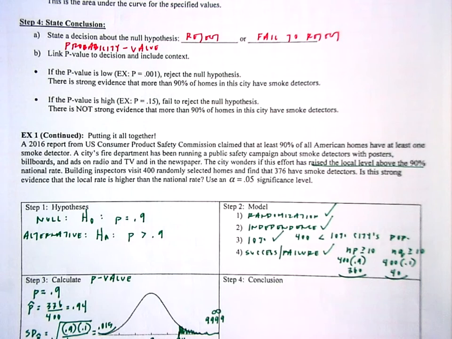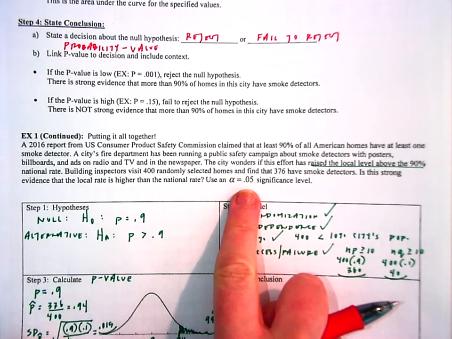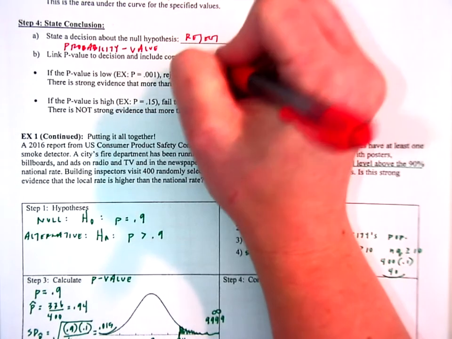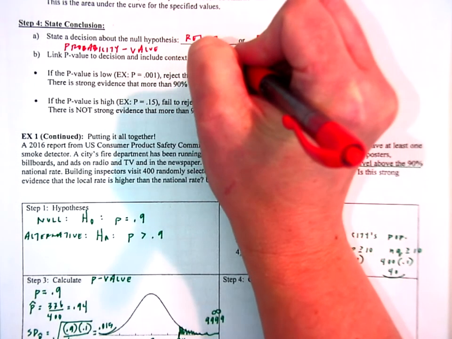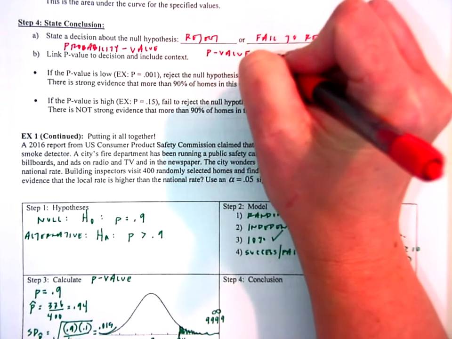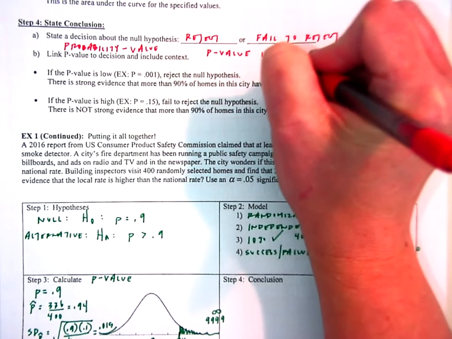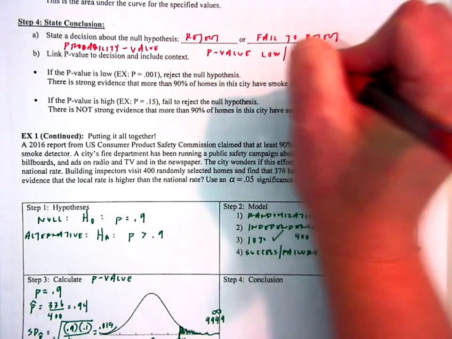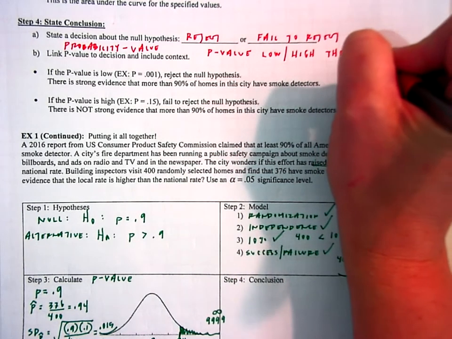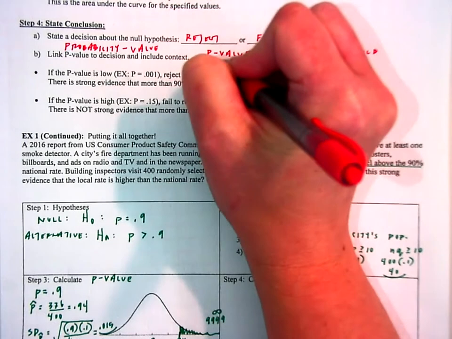So we always also have an alpha level. We've already seen that our problem is saying our alpha level is 0.05. So we are always given an alpha level. Let me add this detail. So your p-value, when we say we have something low or high, its threshold depends on the alpha level.